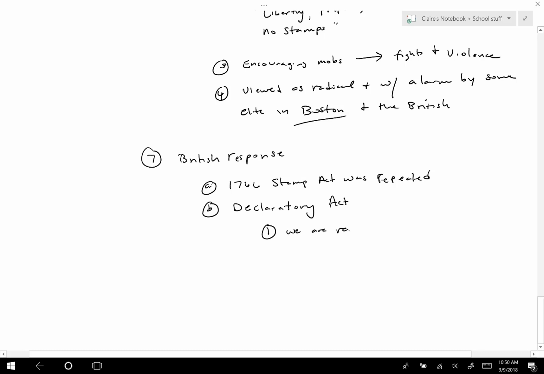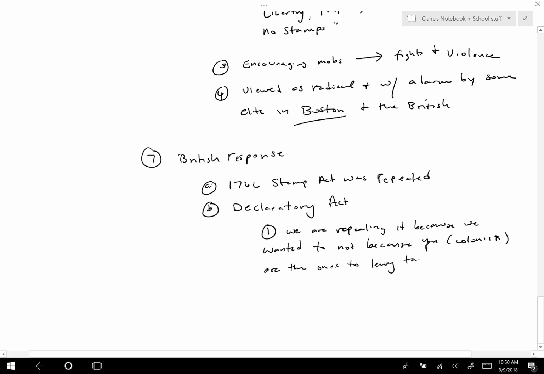We are repealing it because we wanted to. Again, this is the informal way of saying it. Not because you, the colonists, have a right, or not have a right, to be the only ones to levy taxes.